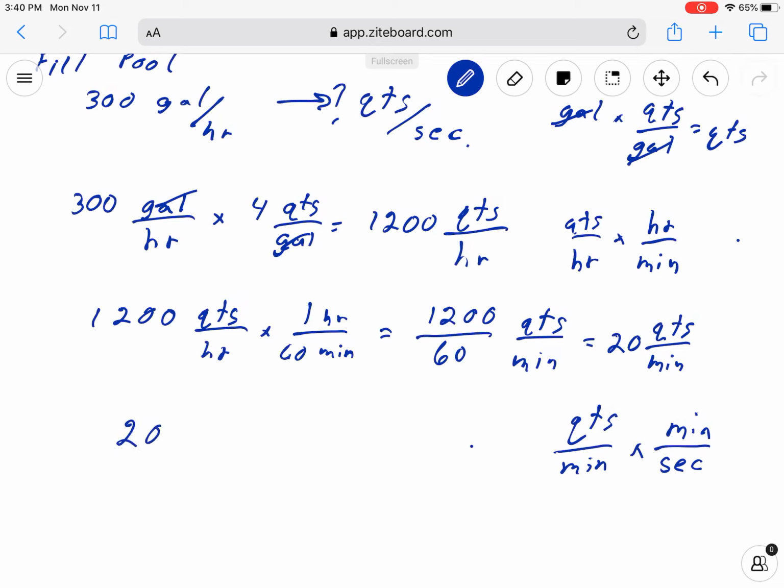So that's going to be 20 quarts per minute, and multiply that by, a minute has 60 seconds. The minutes will cancel, and I'm going to be left with 1/3 of a quart per second.